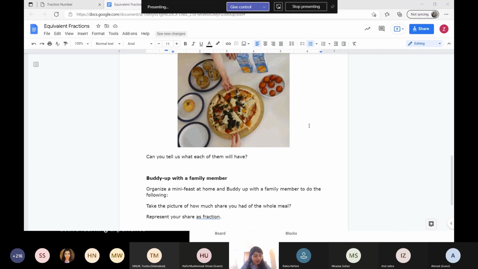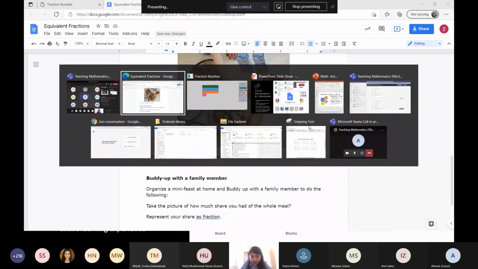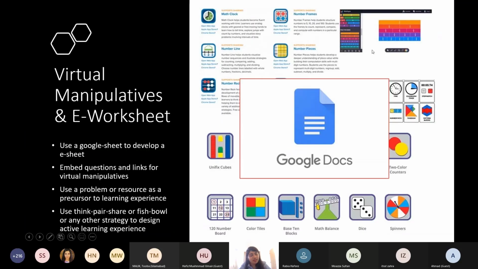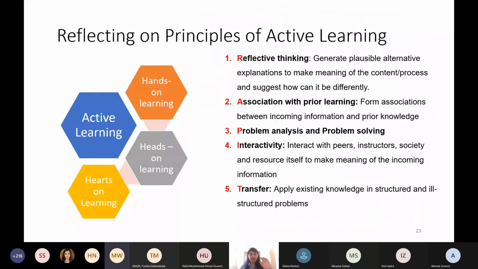So I really enjoyed this interaction with you all around equivalent fractions. I would go back to the slides. Do you see the slides on my screen at this point? Yes. Okay. Again, most of these principles were reflected in the activity that we did.